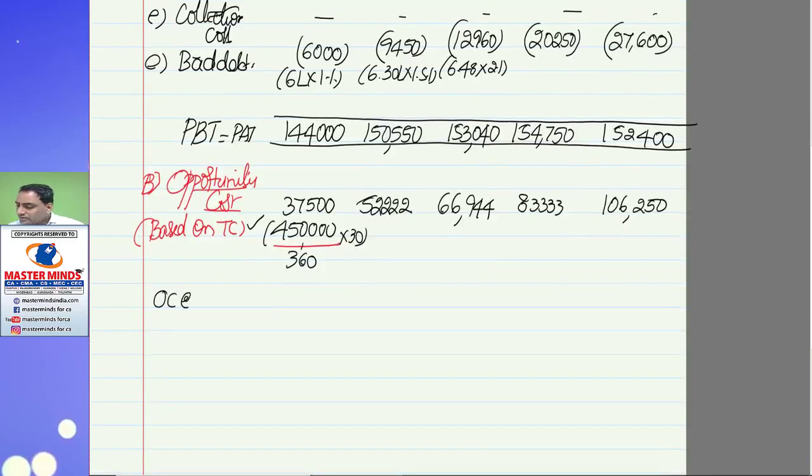Opportunity cost at the rate of 20%: 7,500.